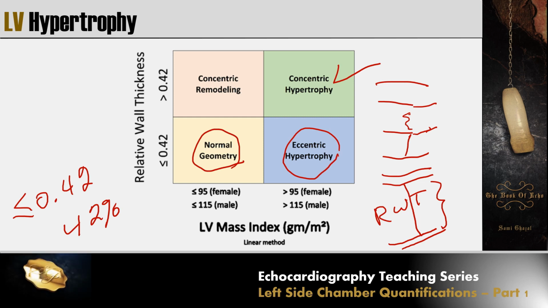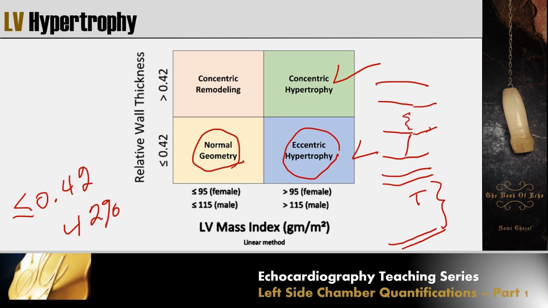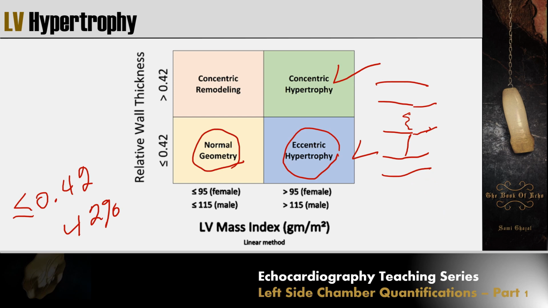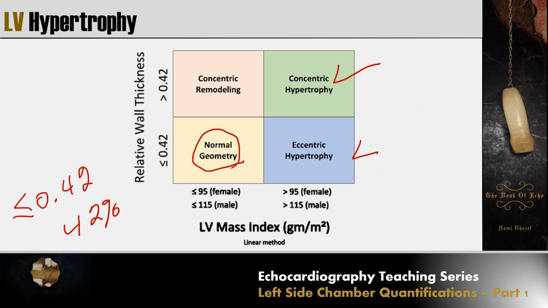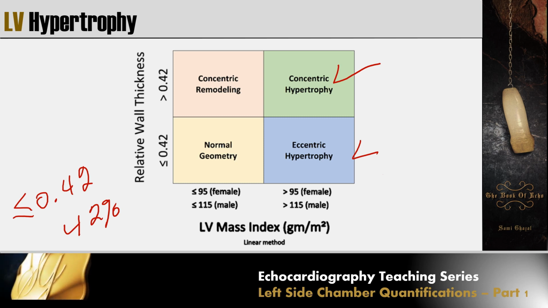Again, the definition of hypertrophy is increased LV mass. And then, in order to decide if this increased LV mass, this hypertrophy, is concentric or eccentric, you have to look into the relative wall thickness. If relative wall thickness is increased, more than 42%, it is concentric. If it is normal or decreased, it is eccentric.